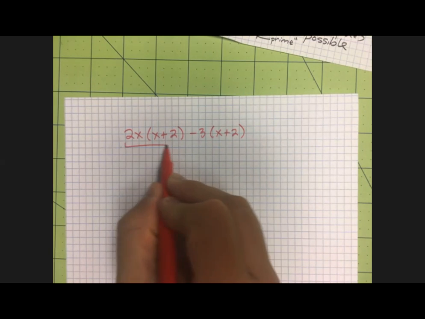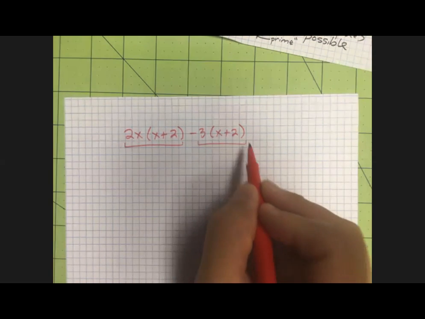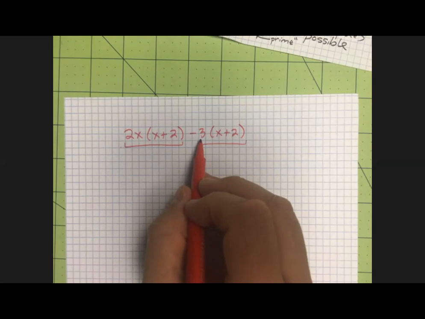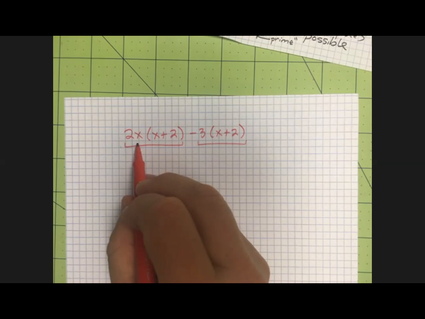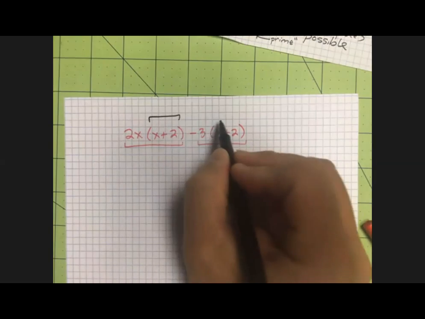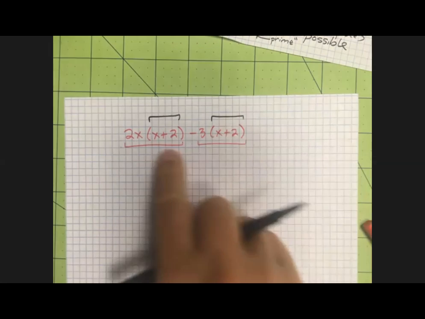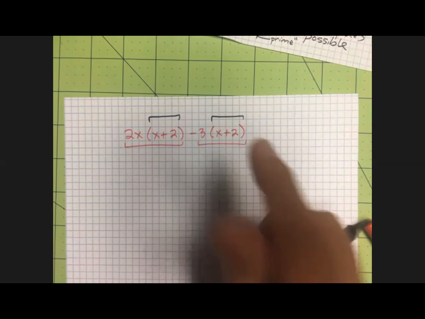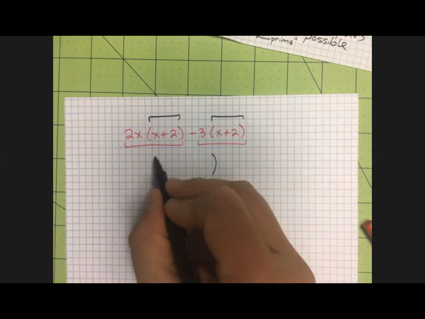Now here you have 2 giant terms. Do they have any numbers in common? No. Do they have a variable like x or y in common? No. But they do have something in common. They have this chunk, this factor of x plus 2 in common. How do I remove it? How do I factor it out? Same way I factored out numbers.